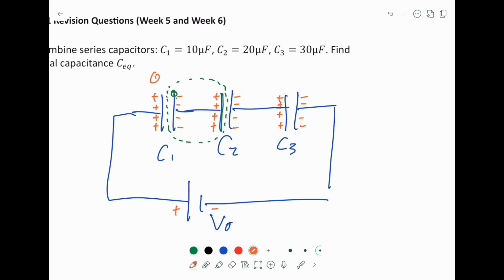So Q, Q, Q. But remember, one important thing is how we define capacitance. Capacitance is defined as charge per unit voltage. So the voltage is equal to Q over C. Because C1 may or may not equal C2, the voltages across the three capacitors may or may not be equal.